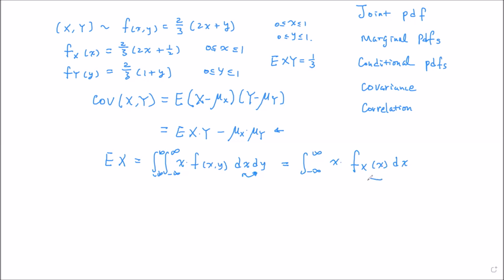It's just the density of X, and then you have the expectation of X. So we're going to use the marginal density, because it's easier to work with for the moment.